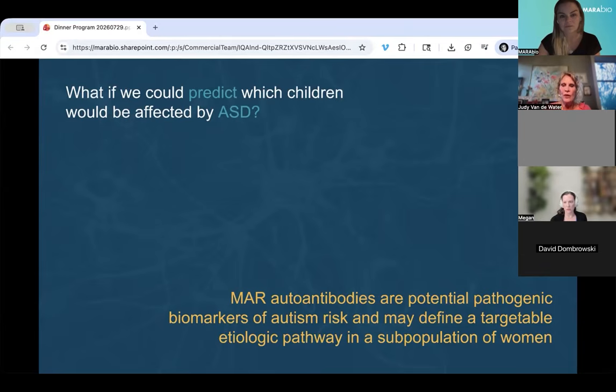And MAR autoantibodies were or are a potential pathogenic biomarker of autism risk. And these may define a very targetable etiologic pathway in a subpopulation of women. And I think that subpopulation is also an important aspect of this. This is not all of autism, but it's a very distinct clinical subtype.